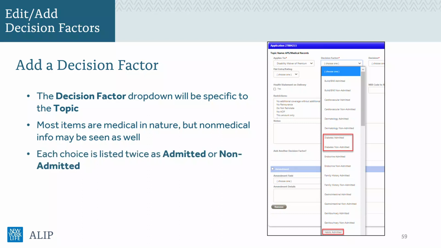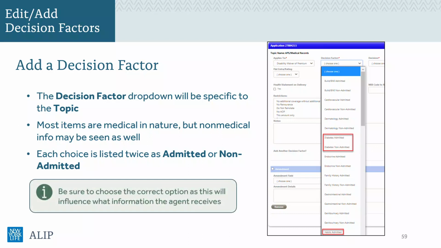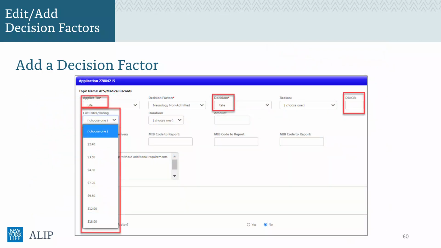Also notice that each of the choices are listed twice as both admitted and non-admitted. It is important to choose the correct option as this will influence what information the agent receives when the case is completed. Notice in this example, the underwriter is adding a decision factor which applies to the life portion of the policy.